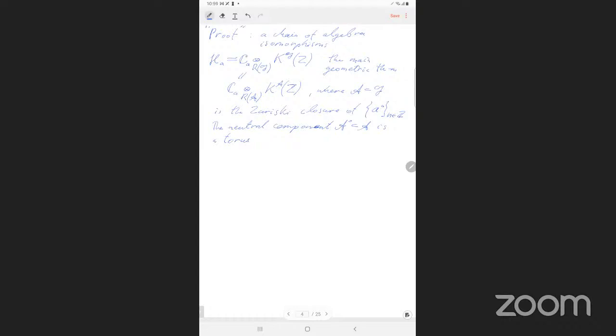Okay. So what do we know about this? We know that this subgroup A is contained in some maximal torus inside our extended group, and this maximal torus is the product of the Cartan torus and this extra C star.